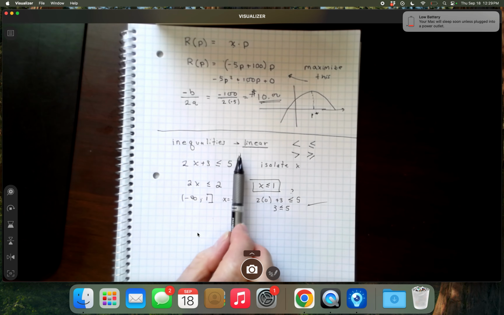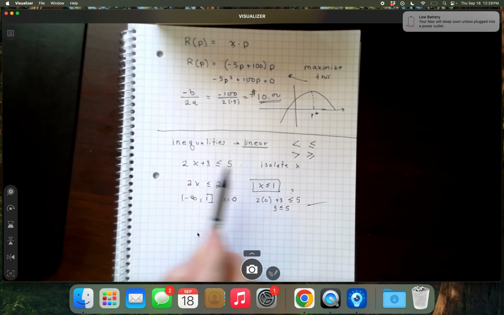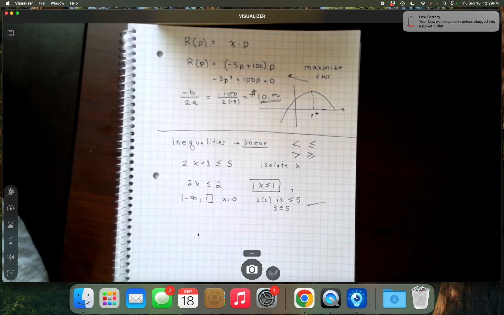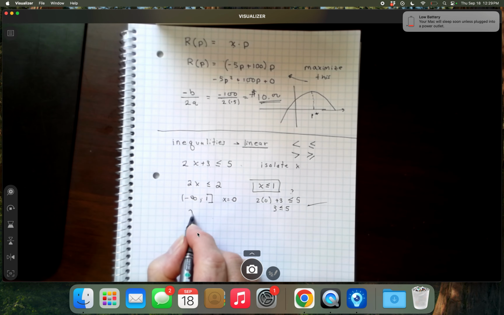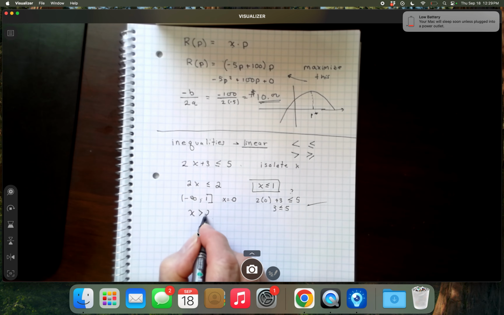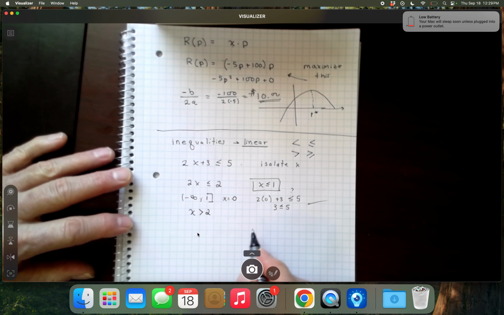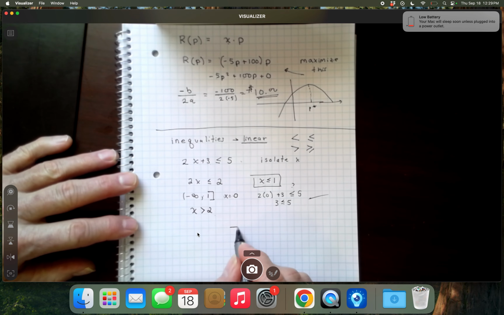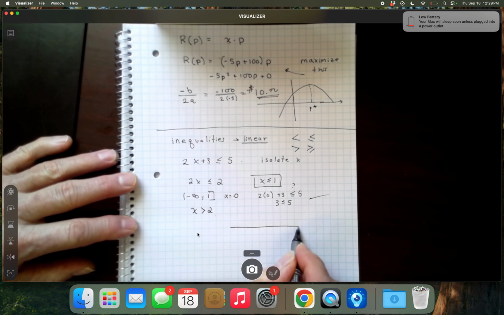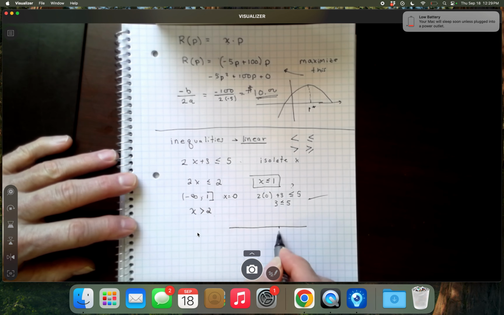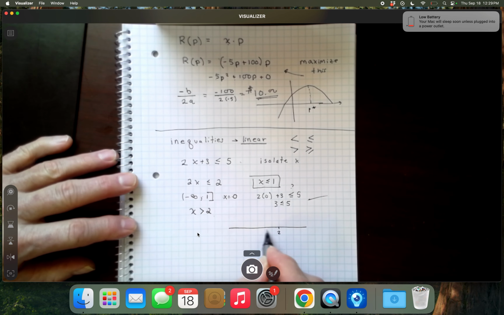So solving linear inequalities is like solving a linear equation, but there's one exception. And that is when you multiply both sides by a negative number. Watch this. Suppose x is greater than 2. Now, to visualize that, draw a number line. Here's 2. Here's the origin.